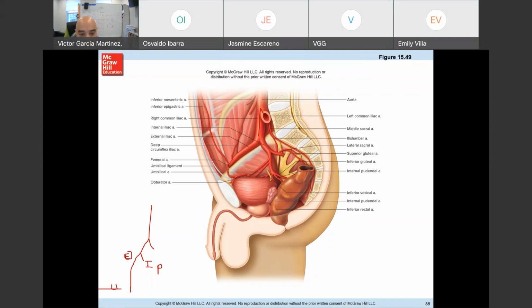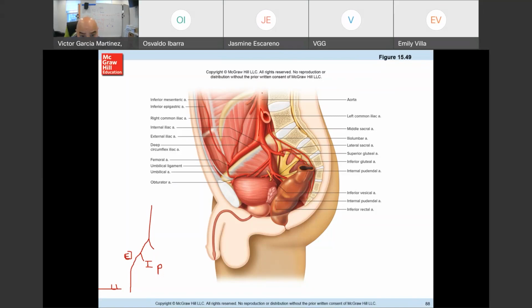This is going down to your leg, and this is for your pelvis. The internal iliac artery is useful for irrigating your urinary bladder, this portion of your intestine. If you're a woman, it's useful for your ovaries, for your uterus. And the external one is going down to your lower limb.